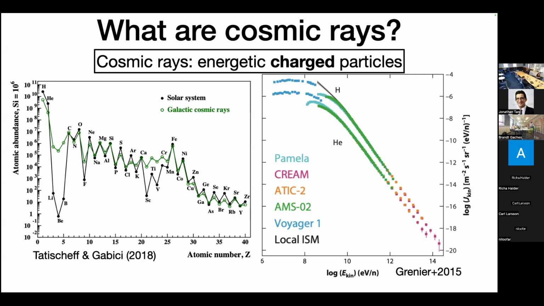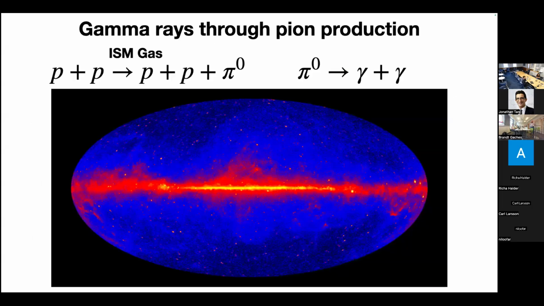We know that cosmic rays exist, especially protons, also because they emit gamma rays. When a cosmic ray, in this case a proton, interacts with some other gas, here also shown as a proton, it creates a neutral pion, and that neutral pion decays pretty quickly into gamma rays.